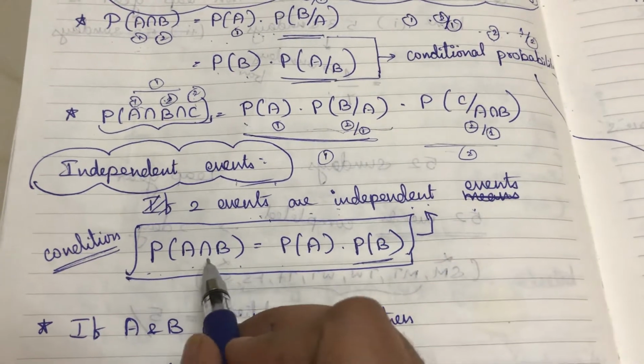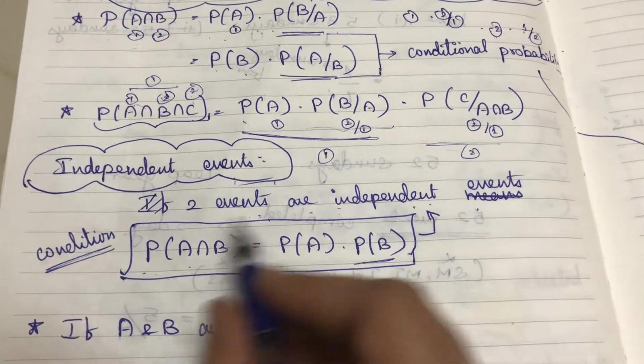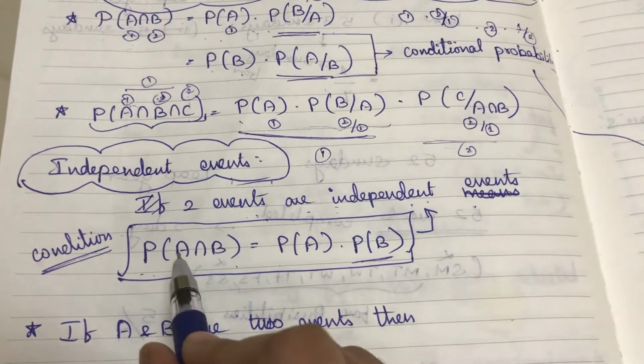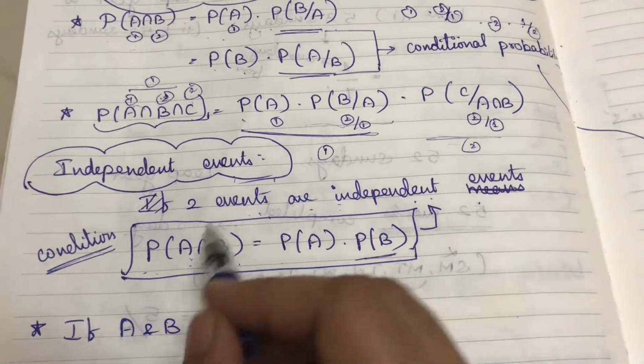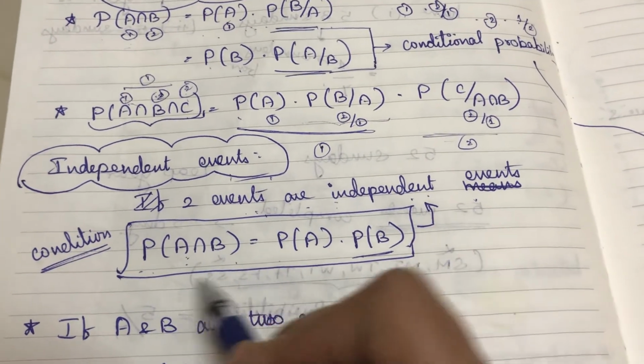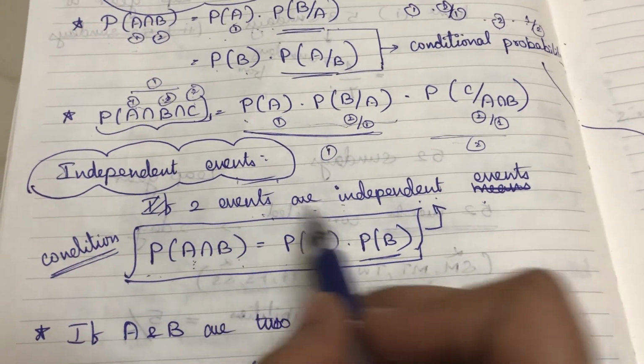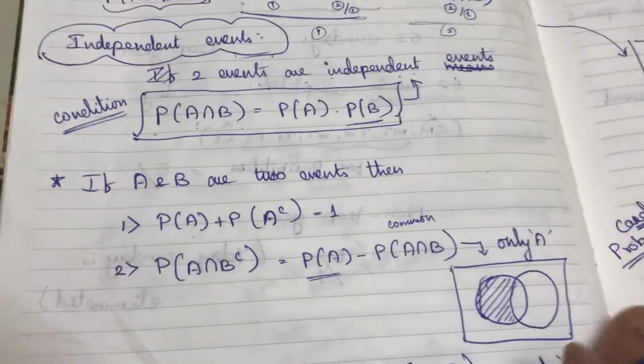So P of A and B means P of A and P of B. If I put any events for A and B and they satisfy this condition, I can clearly say that A and B are independent events.